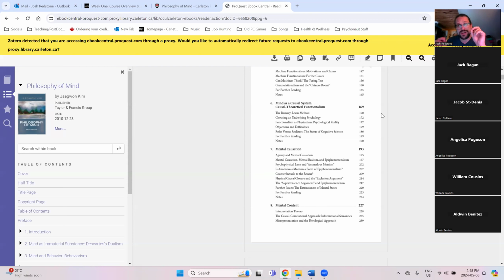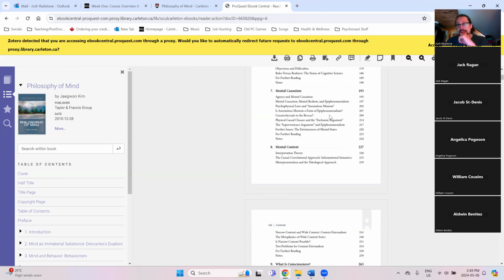I won't say too much about it now. To be honest, prepare yourselves, this is the most difficult chapter in this textbook. If we can get through this chapter, we'll be good. But just a heads up, it is the most difficult chapter. I won't say too much more about causal theoretical functionalism now.